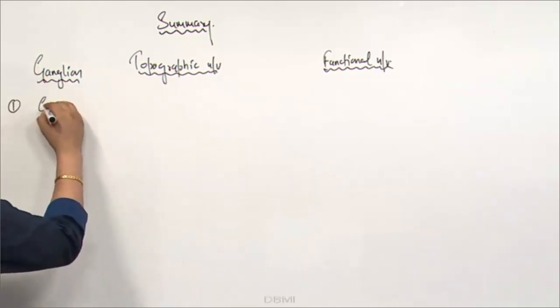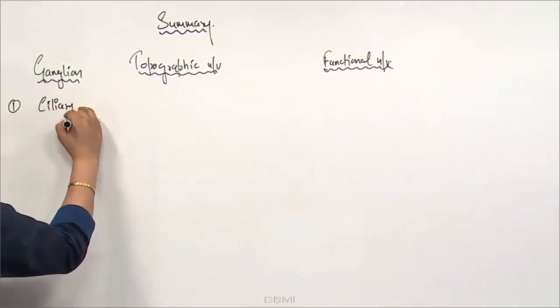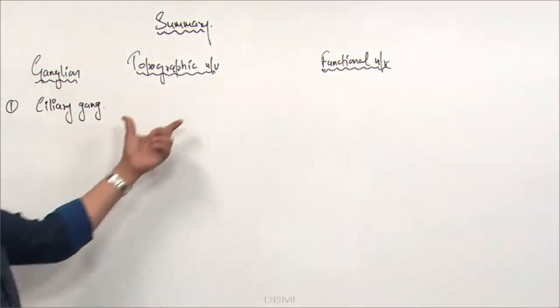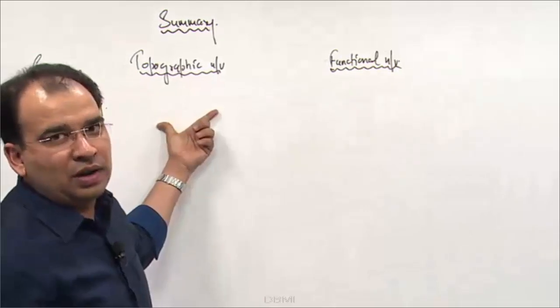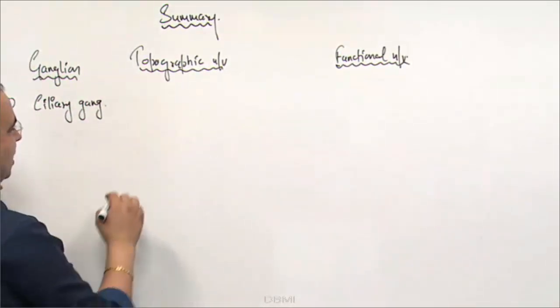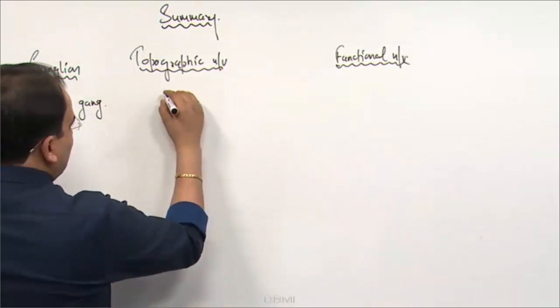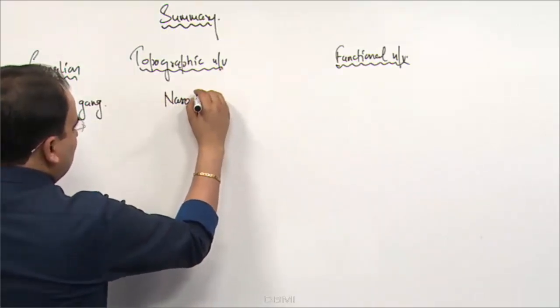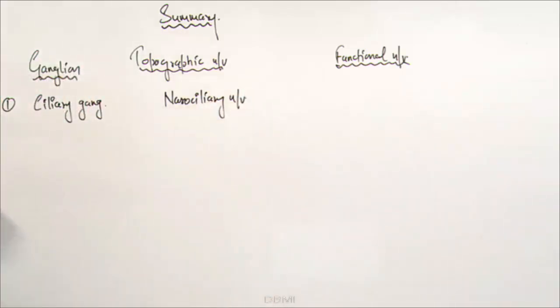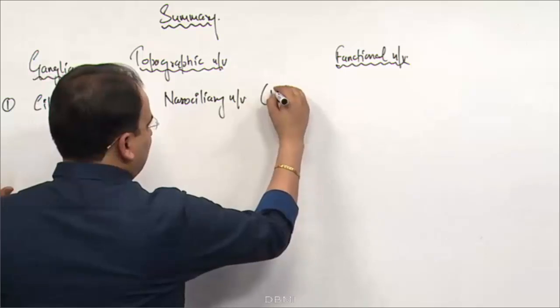So let's begin with the ciliary ganglion first. Ciliary ganglion, guys, tell me, what is the topographic nerve for the ciliary ganglion? The topographic nerve was the nasociliary nerve. So it is topographically related to the nasociliary nerve, which is a branch of the ophthalmic.